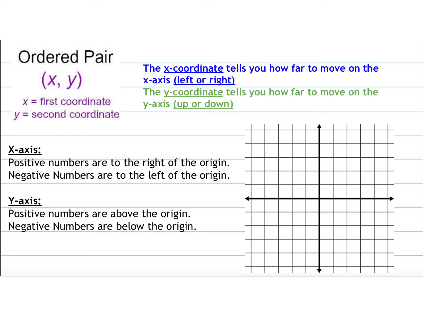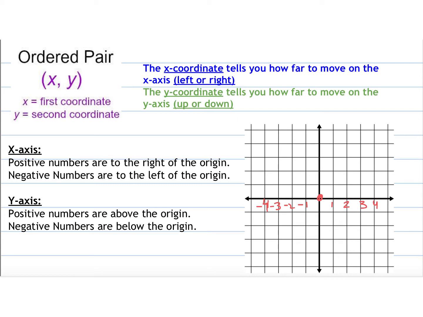So the x-axis, I'm just going to label a few here, but positive numbers are to the right of the origin. So again, origin is right here where those meet. So this would be a positive 1, 2, 3, 4. And if we go to the left of the origin, they're going to be negative. So -1, -2, -3, -4, so on and so forth. Same thing with the y-axis.